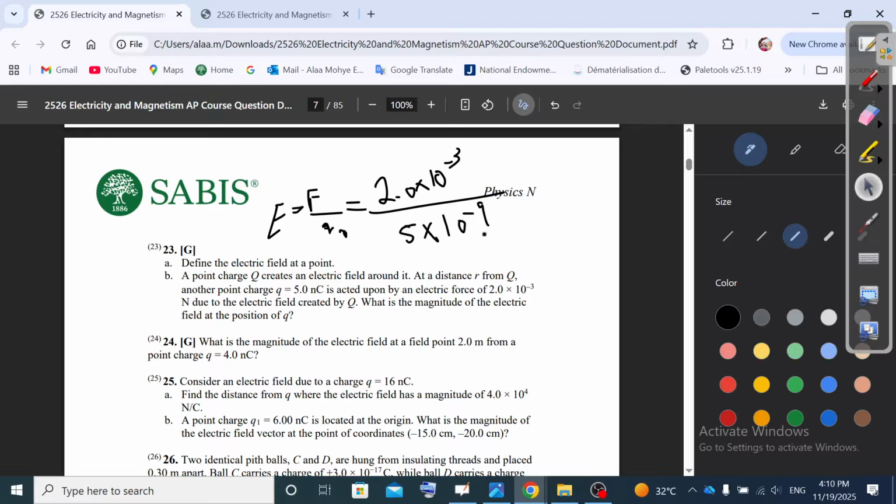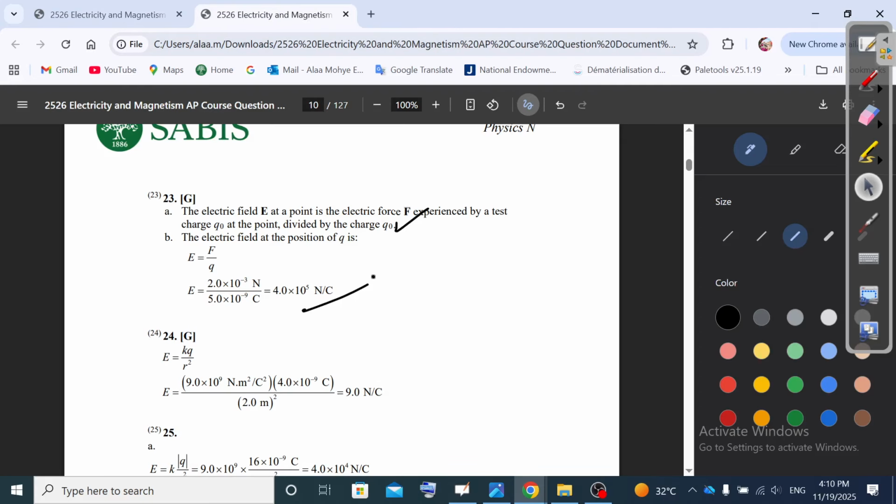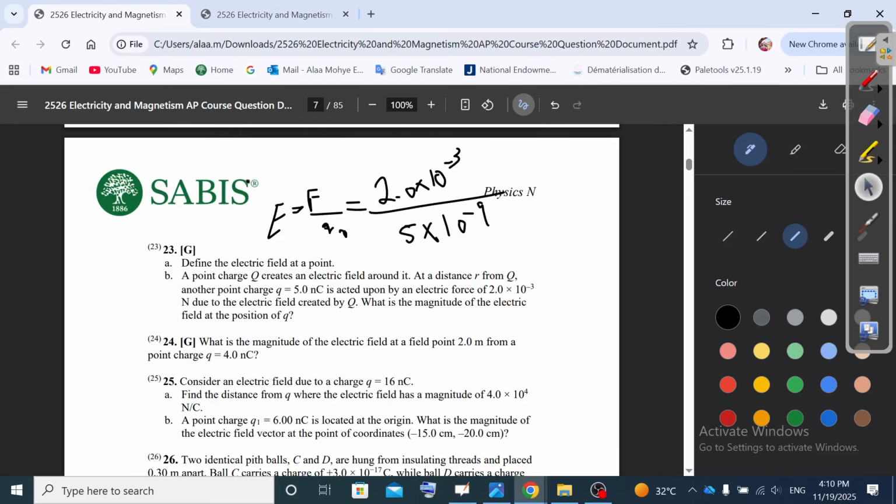Plug it in on a calculator. You get 400,000. Okay, that's that.